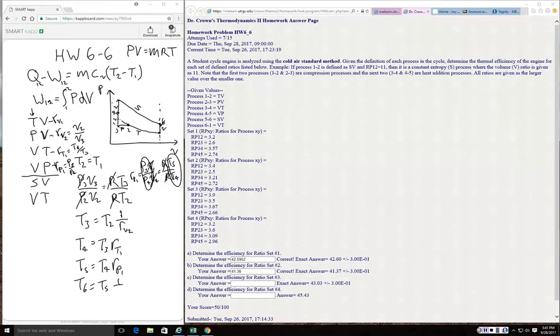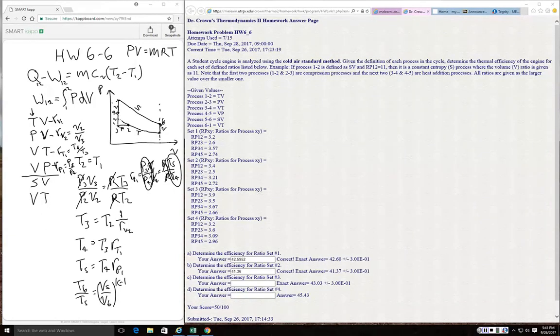So this ratio of V6 over V5, let me write this as the basic equation. So T6 over T5 equals V5 over V6 to the K minus 1. That is the equation for an isentropic process, which 5 to 6 is. So I need to know what is V5 over V6.